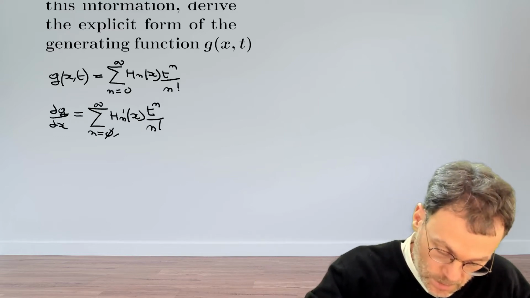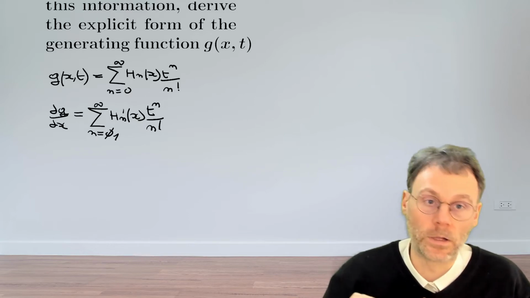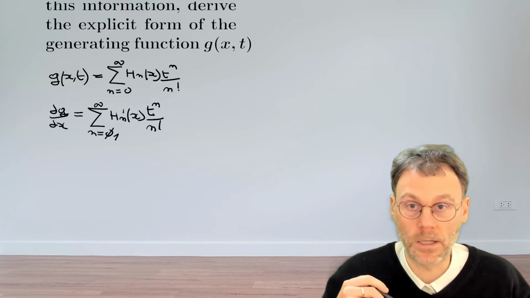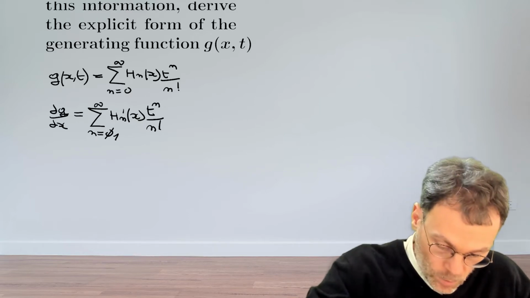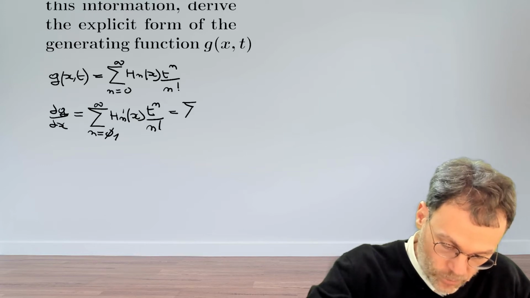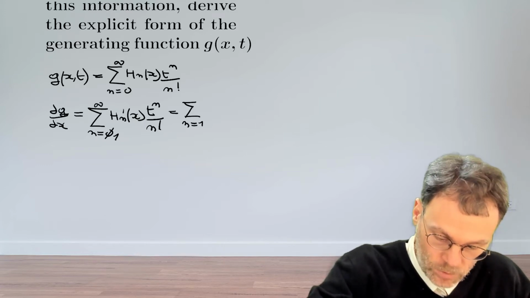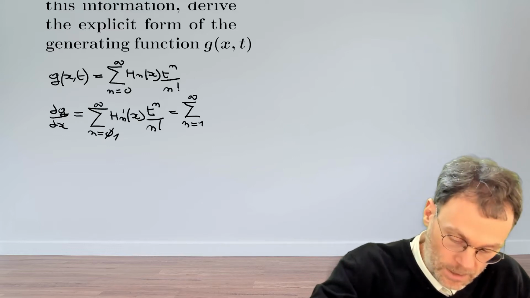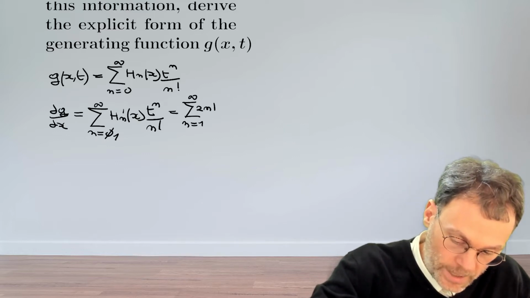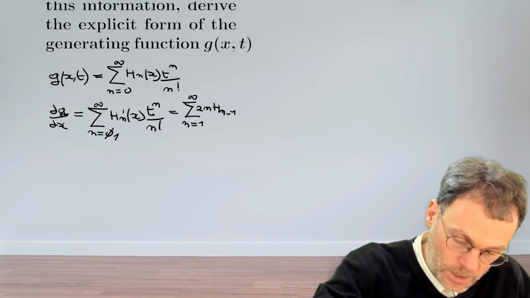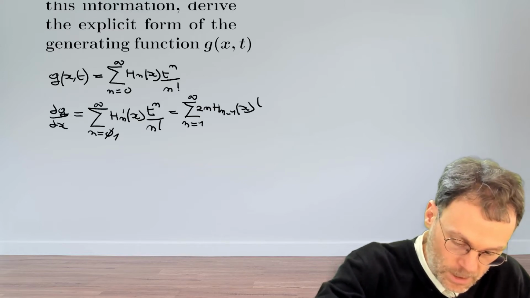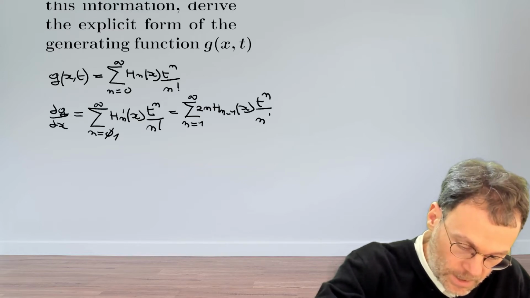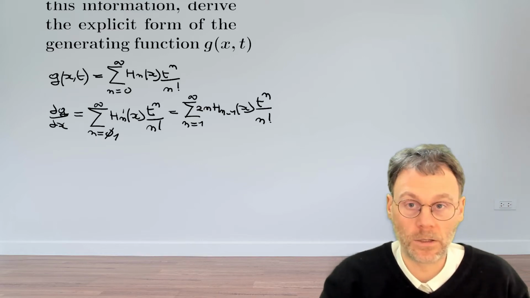So actually this summation here starts at 1 and not at 0. We also know what this H_n prime reduces to. So it's the summation from n equal to 1 to infinity, and then H_n prime is just 2n H_{n-1}(x) t to the power of n divided by n factorial.